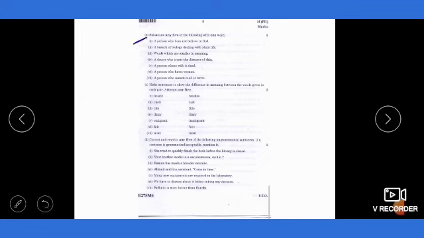Next move to 4B. Substitute any 5 of the following with one word. It is also of 5 marks and you have to attend only 5 questions. Number 1. A person who does not believe in God. 2.